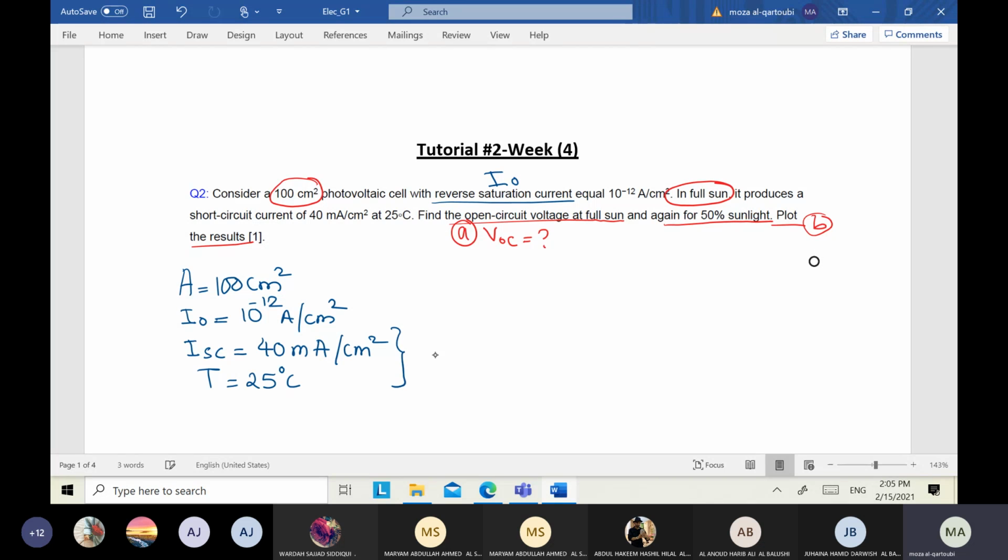These two points are at full sun. Now we are asked to find two parts.